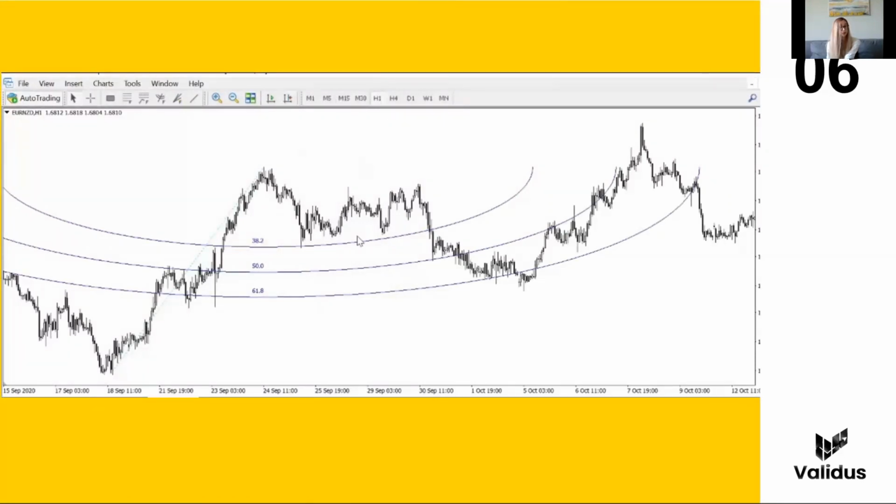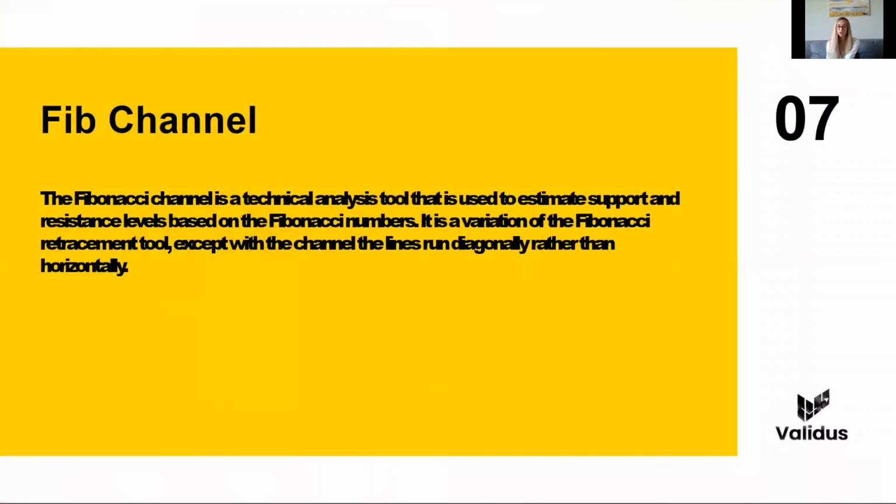Channels, next. What is Fibonacci channels? The Fibonacci channel is a technical analysis tool that is used to estimate support and resistance levels based on the Fibonacci numbers. It is a variation of the Fibonacci retracement tool, except with the channel, the lines run diagonally rather than horizontally.